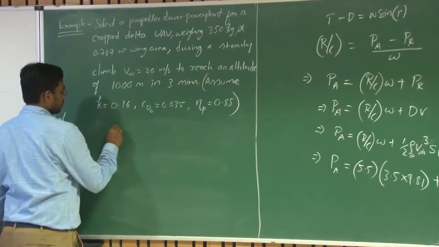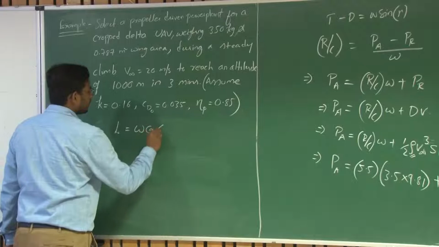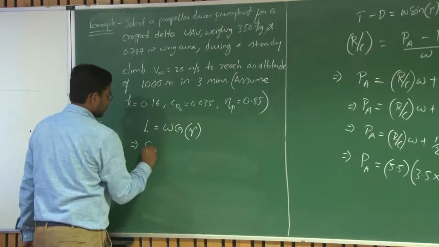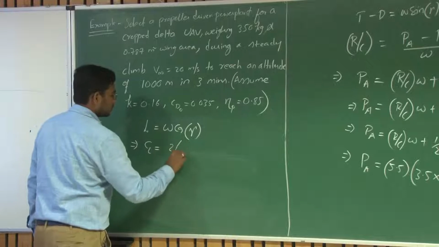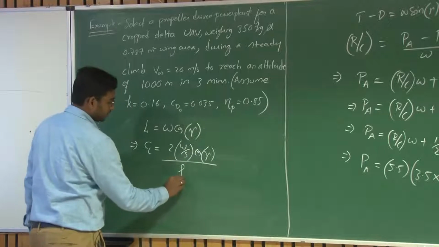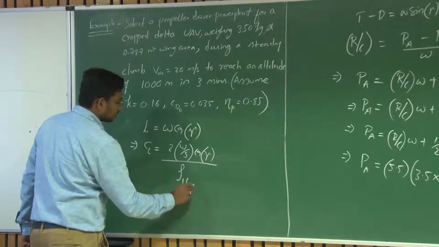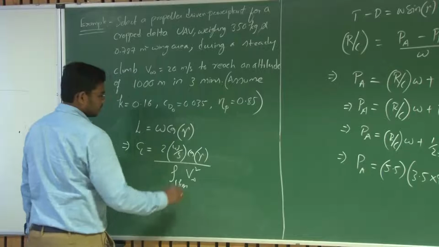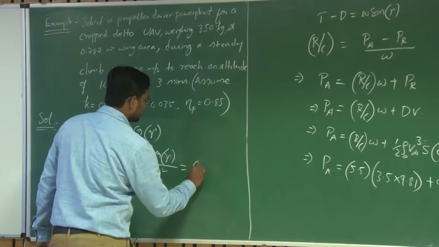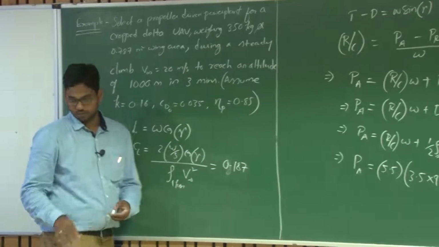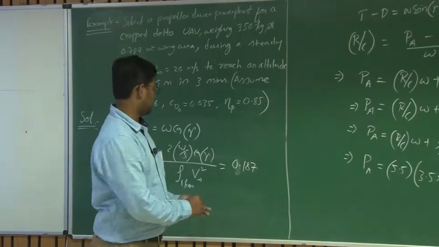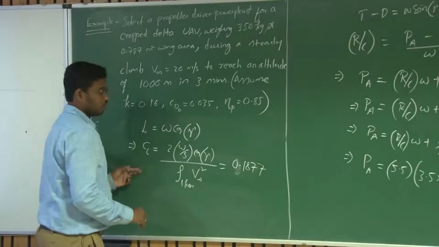For this condition, L is equal to W cos gamma from equation CL2. So, what is CL? It's twice the wing loading into cos gamma divided by density at 1 kilometer altitude into V infinity square. This turns out to be 0.187. The CL is 0.1877. This is the CL for this case.